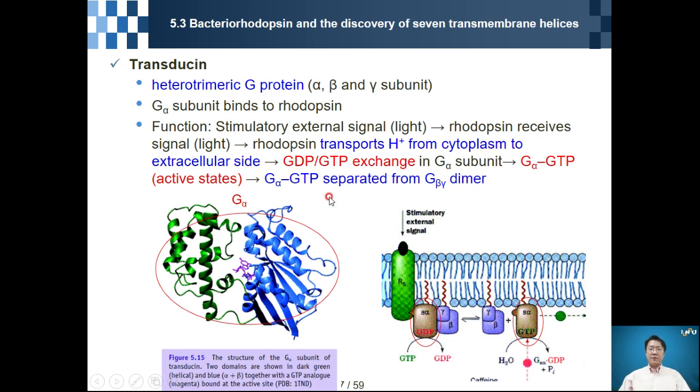Simultaneously, GDP and GTP exchange happens in the G alpha subunit, and G alpha becomes the GTP status. This is the active status. This active form will separate from the G beta and G gamma dimer, and after that it transports the signal to the adenyl cyclase.